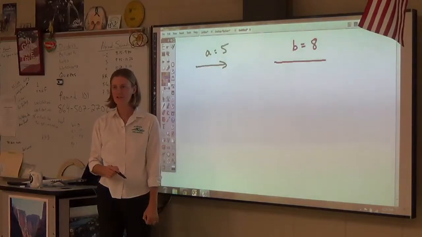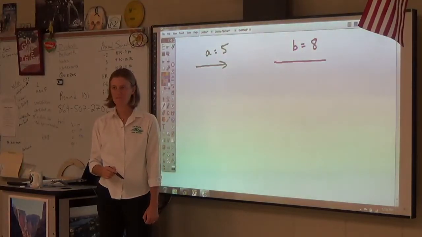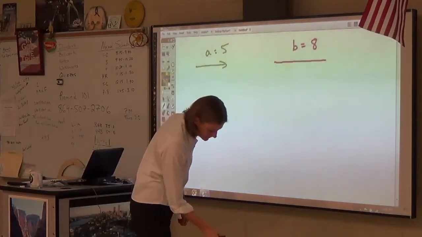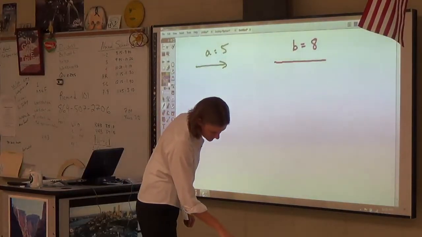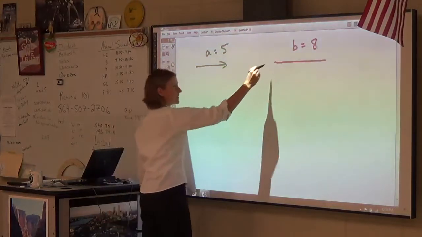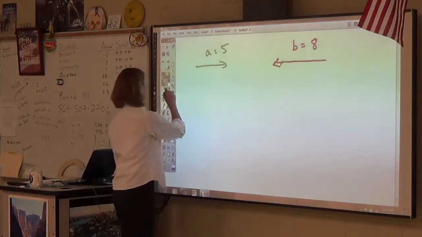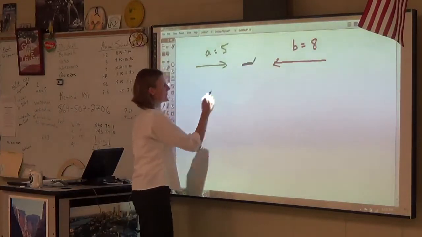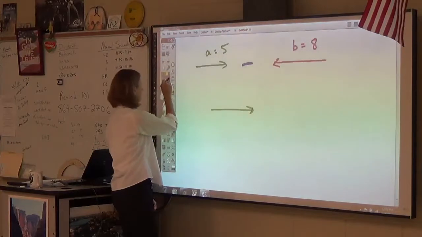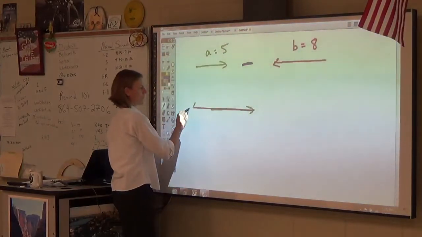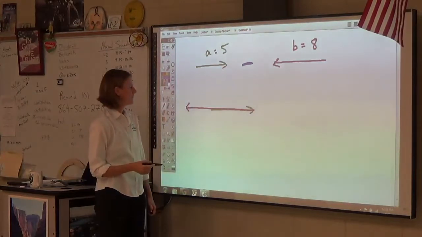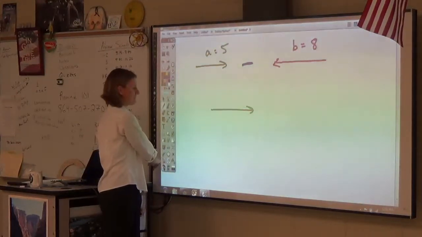They're opposite directions and I'm subtracting them? Am I trying to get a bigger magnitude? Yeah. Okay, so let's say B is to the left, like that, and I want to subtract them. What would that look like? And what's my resultant? Sorry, am I subtracting that? Yeah.